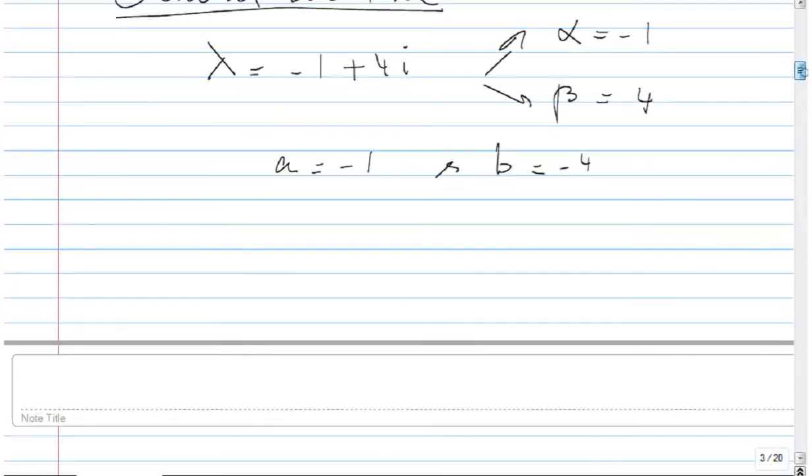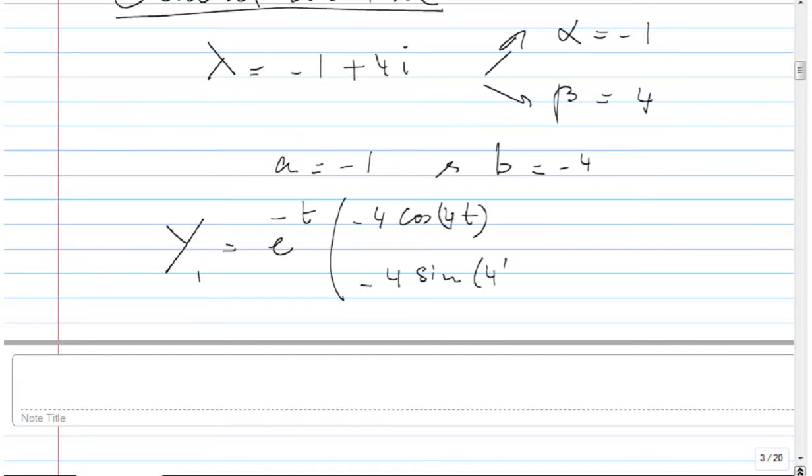So y1 is equal to e to the alpha t, e to the minus t, times b cosine beta t, so it's minus 4 cosine 4t. And at the bottom we have alpha minus a, so it's 0, times cosine beta t, minus beta, minus 4 sine 4t.